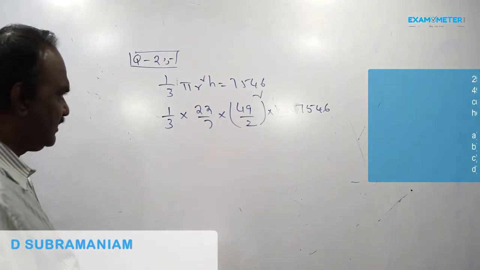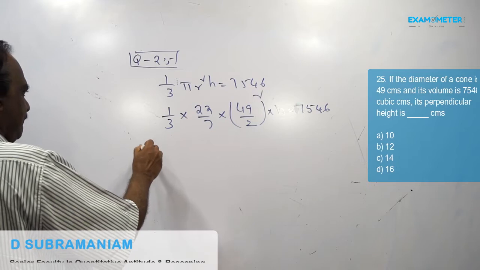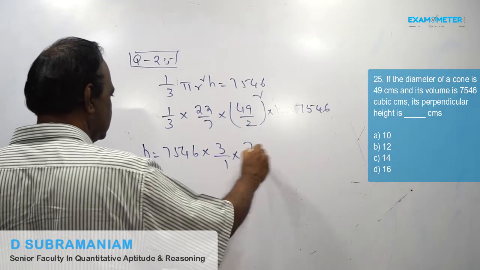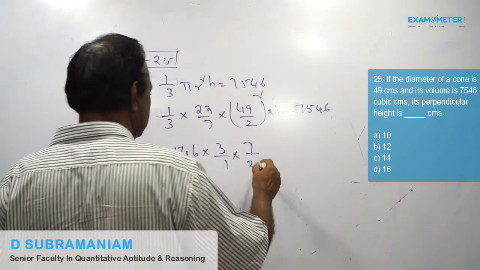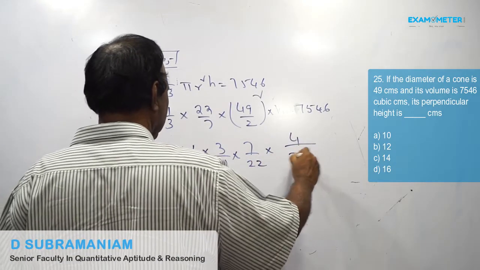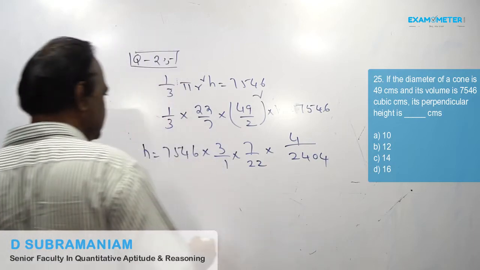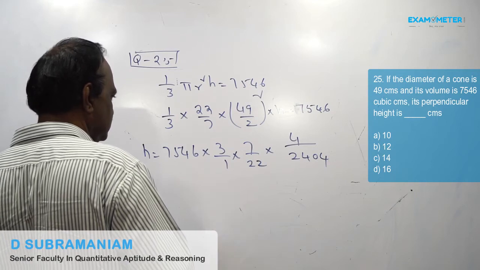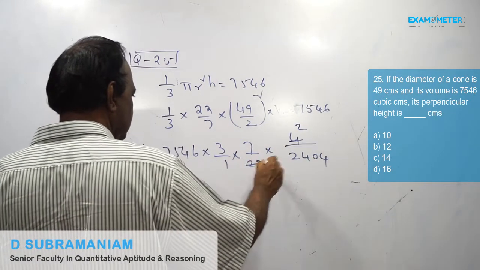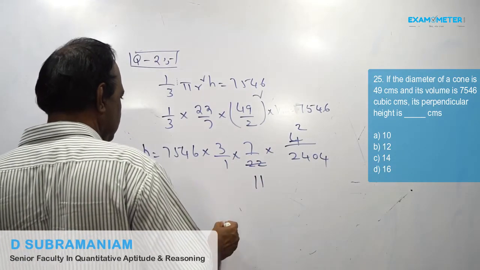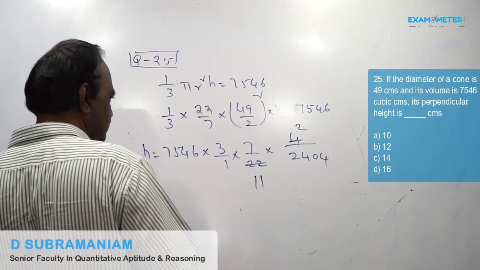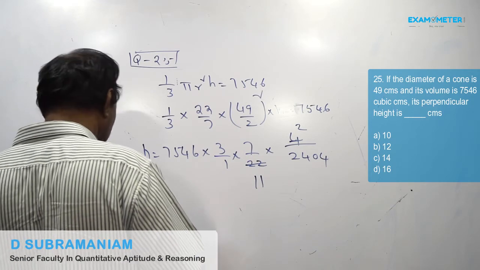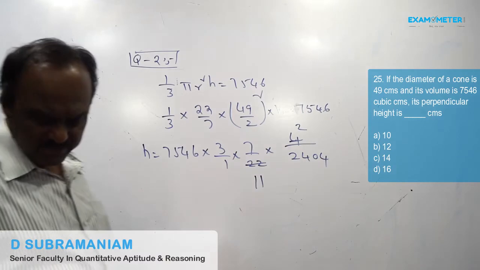Radius will be half of the diameter. If you simplify this, you get the answer as 12.